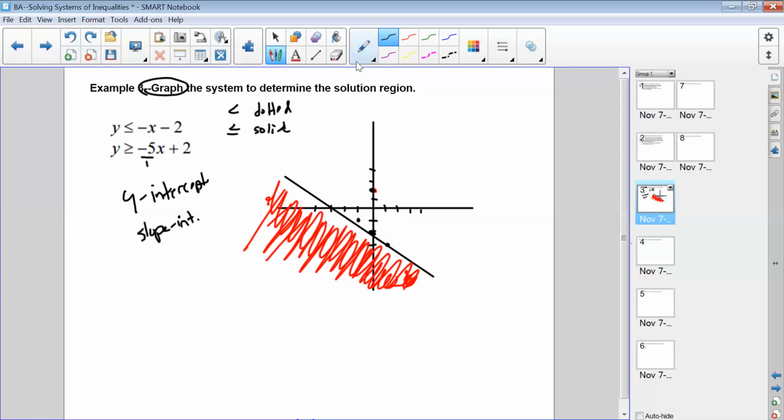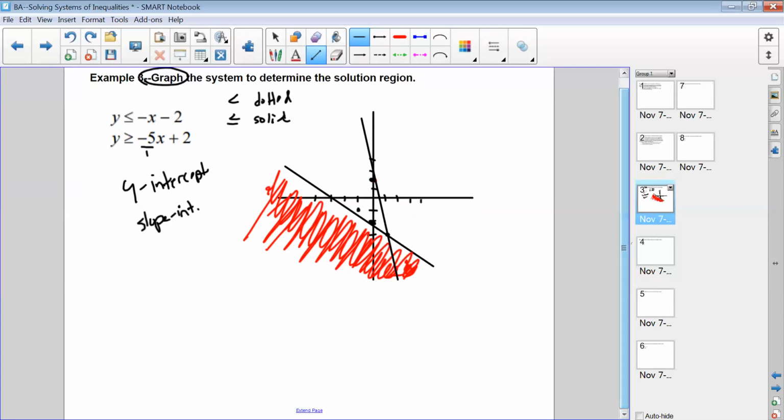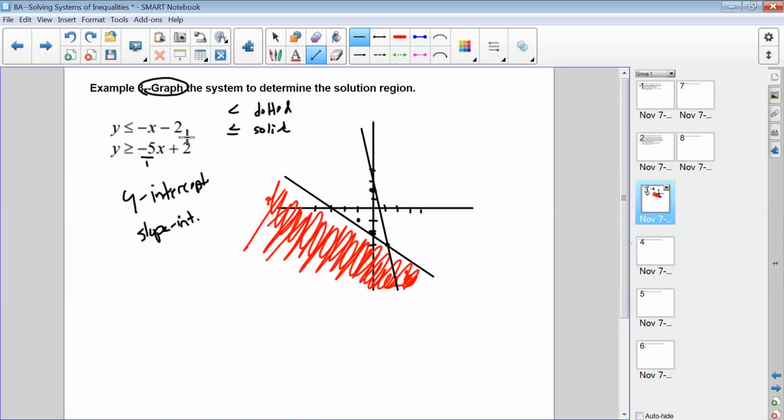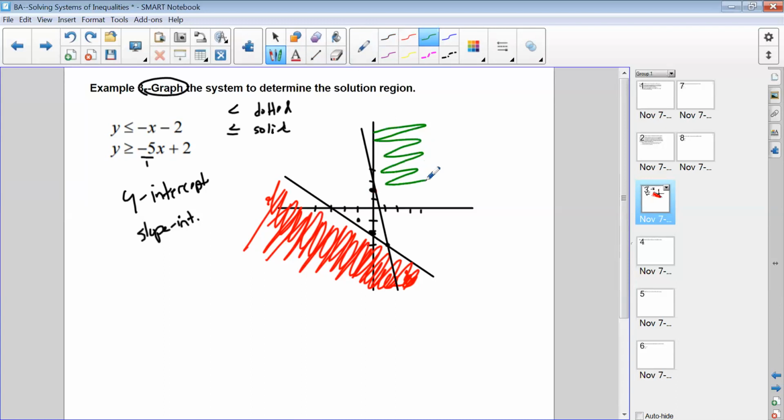I've got a solid line between those points there. Okay. And then I want everything greater than or equal to. So I'm going to use a green color, and I want everything greater than, so it's going to be everything this way.